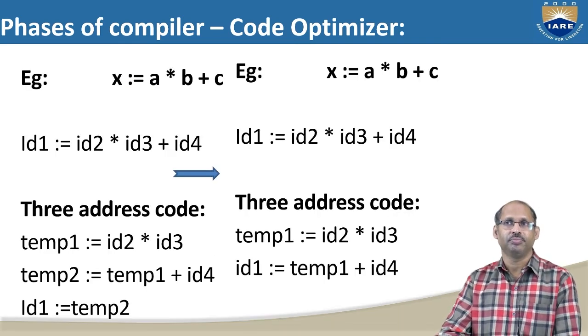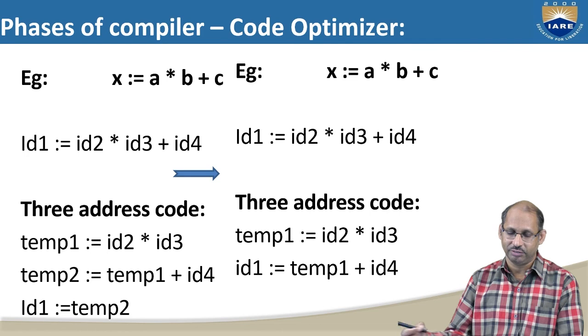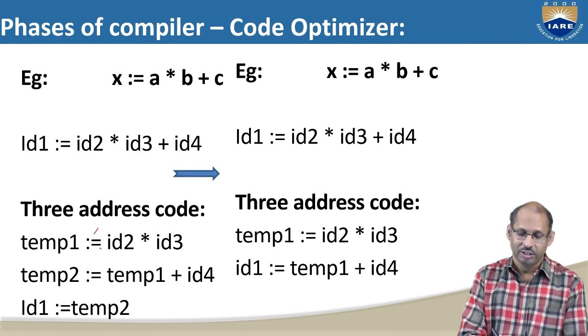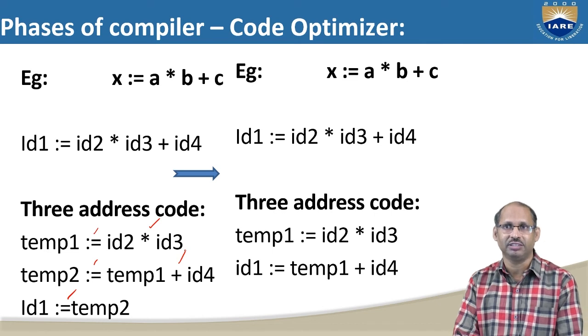One more example. Here, the three address code has 3 statements. The 3 statements are converted into 2 statements. There are 3 assignments, 1 multiplication, 1 addition, so 5 operations and 3 statements.